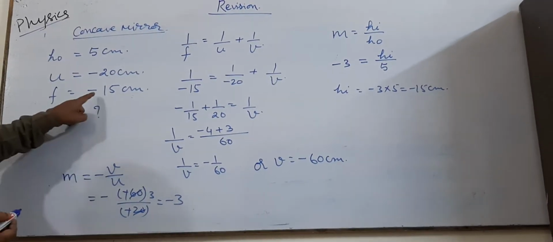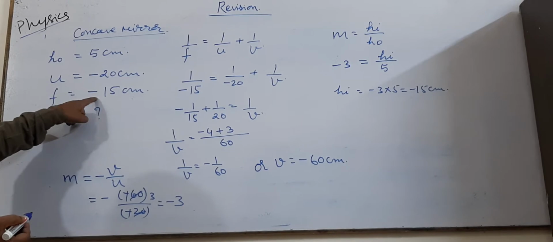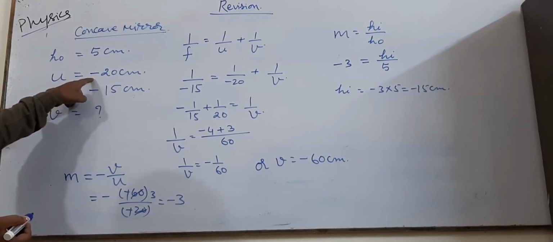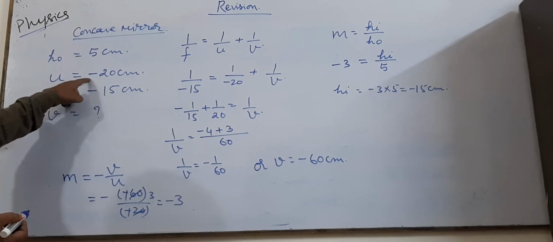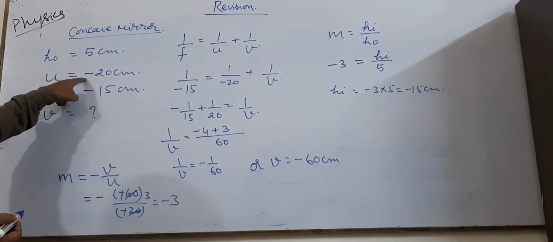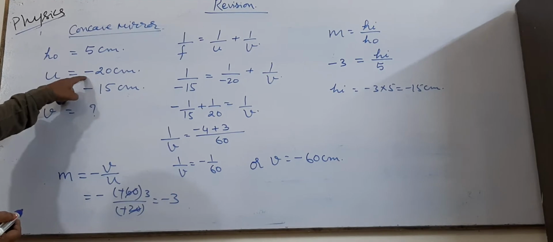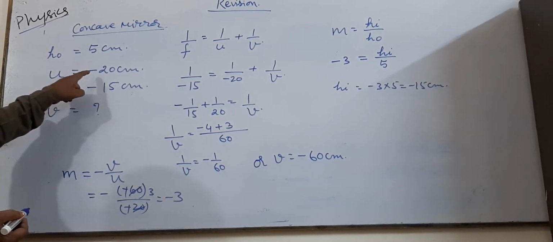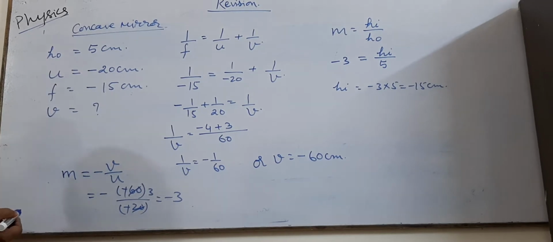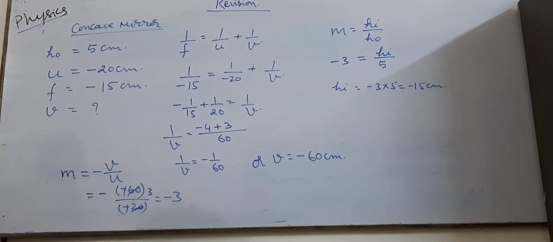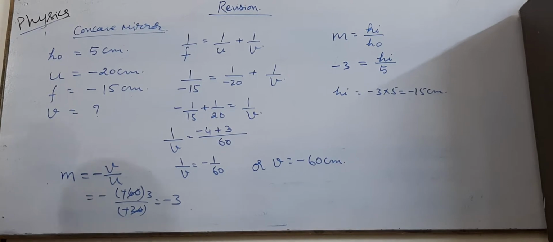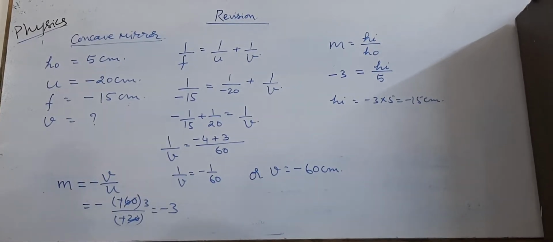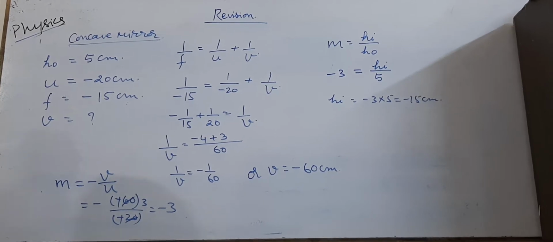Object is less than center of curvature distance, because center of curvature will be 30 centimeter. So the object is placed between C and F.